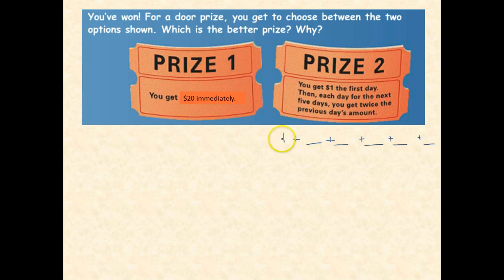So 1 plus double, 1 doubled is 2. 2 doubled is 4. 4 doubled is 8. 8 doubled is 16. And 16 doubled is 32. Well, shoot, just on the last day you're getting more than $20. And in fact, this adds up to $63. And over here you only get $20. But at least you didn't have to wait.